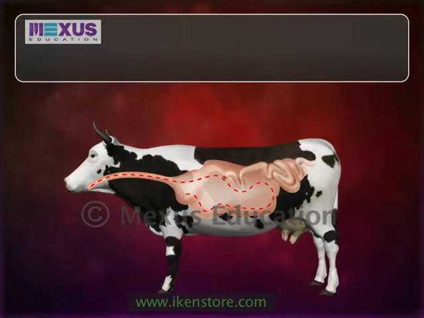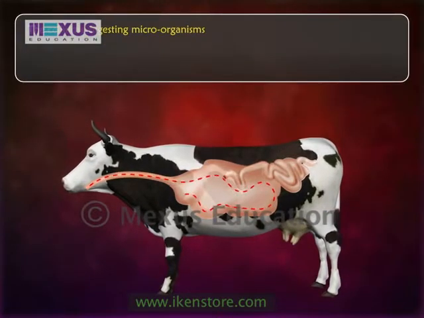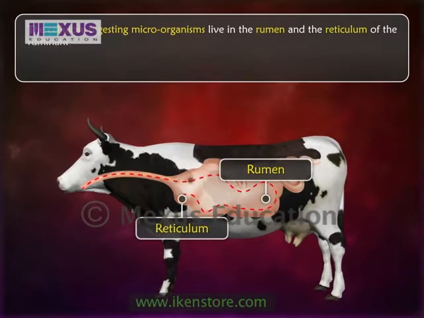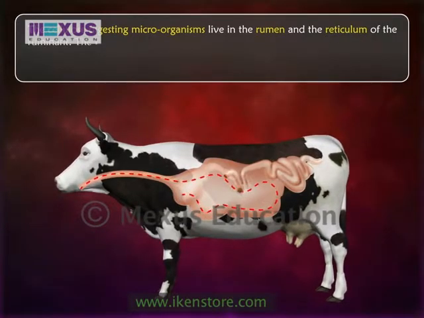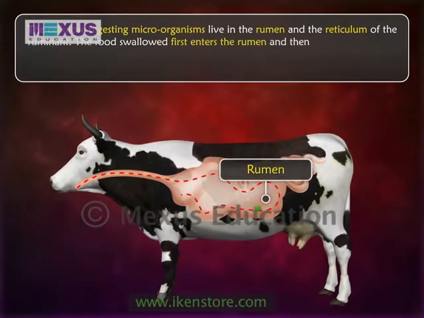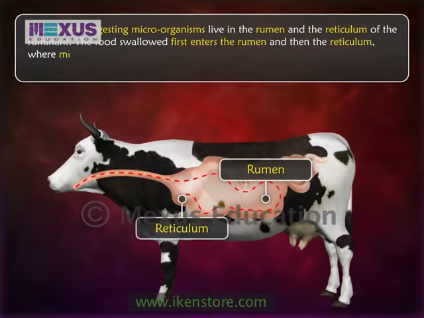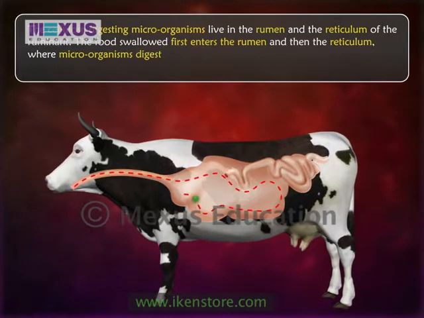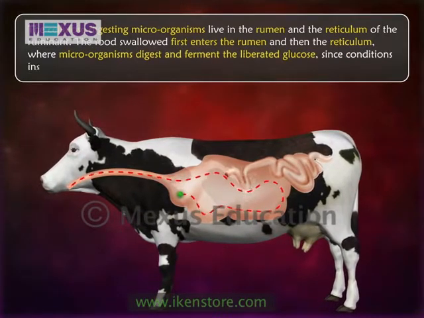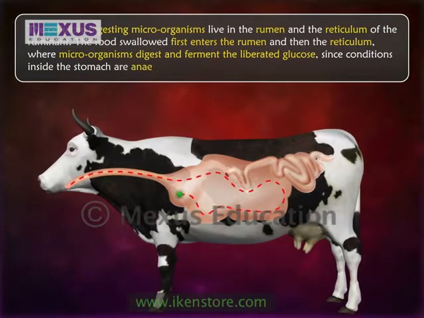The cellulose-digesting microorganisms live in the rumen and the reticulum of the ruminant. The food swallowed first enters the rumen and then the reticulum, where microorganisms digest and ferment the liberated glucose, since conditions inside the stomachs are anaerobic.